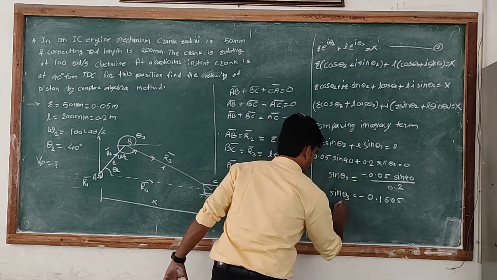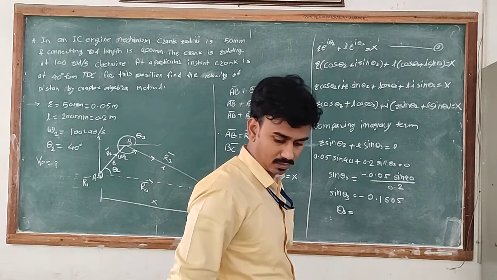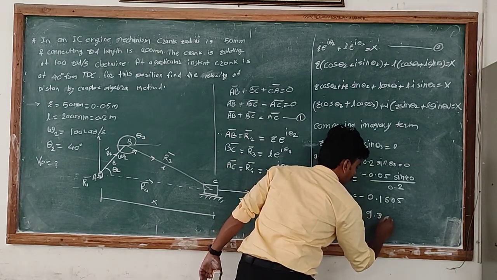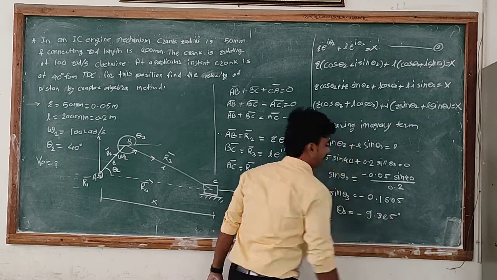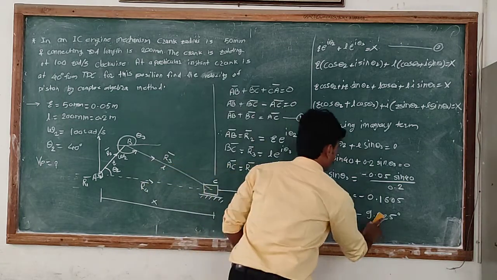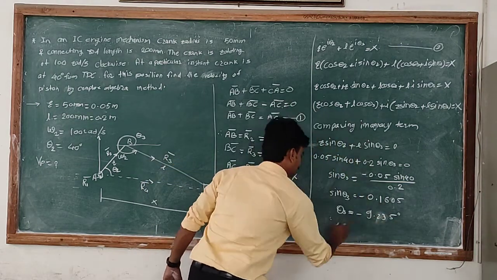If you take the inverse of this, theta 3 is equal to minus 9.235 degrees.